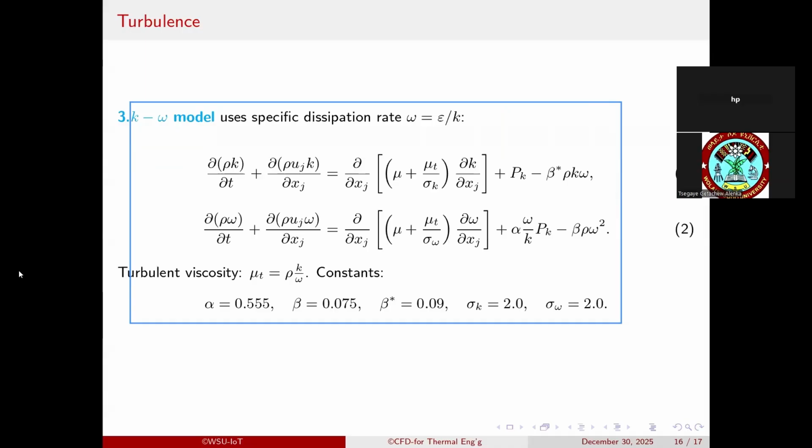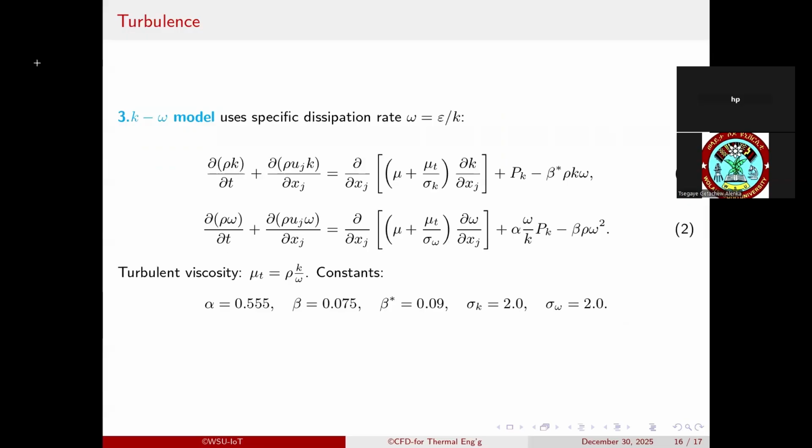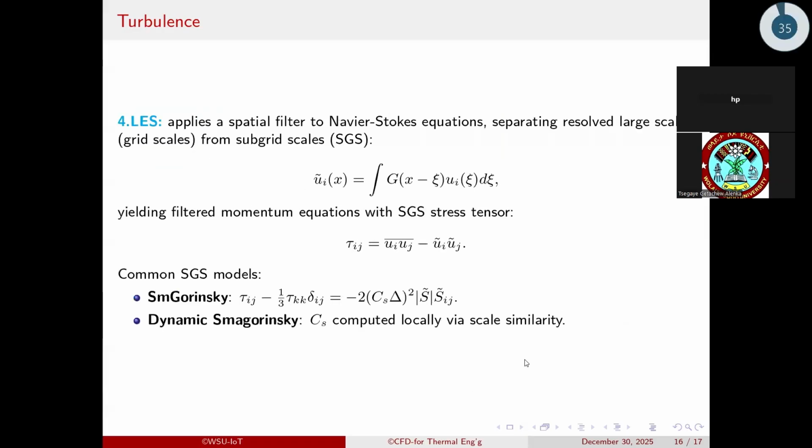LES simulation is used to model unsteady flows, that is scale separation. Example, flow over a cylinder, where large eddies are resolved using subgrid scales.